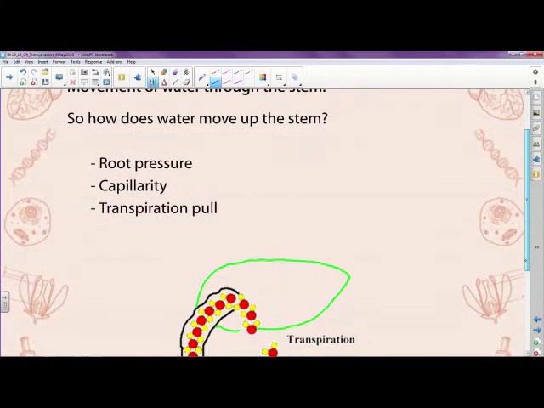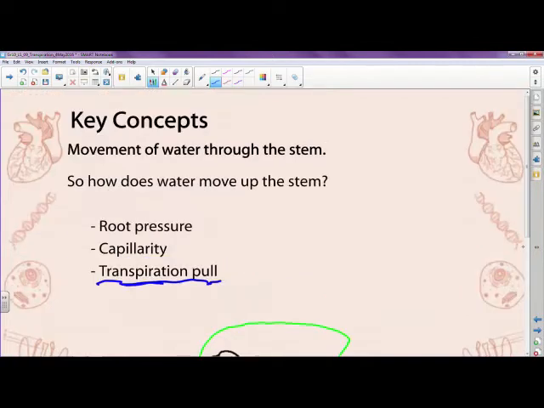Guys, there are three forces that are going to help me move the water up the stem. The most important one that we're going to look at is transpiration pull. But I do want to mention the other two to you, just so that you have a frame of reference. I'm going to draw a diagram on the side over here.